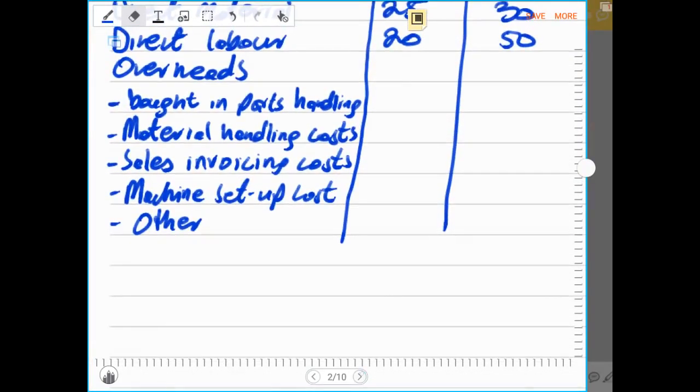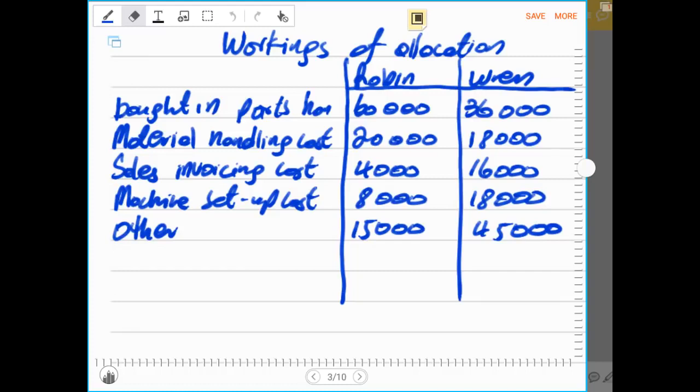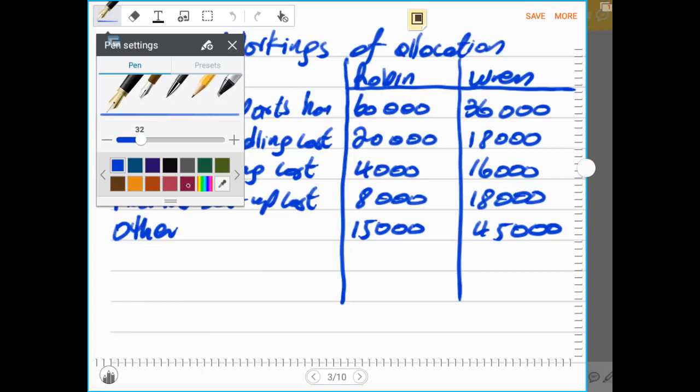But the one that we have done here are the totals. So now we just have to divide by the number of units that were manufactured by the product. For product Robin, we manufactured, if I still remember, 15,000 units.